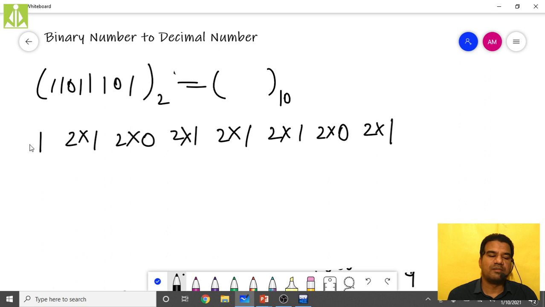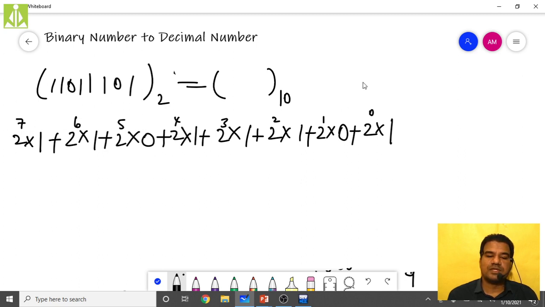Likewise, you write for all digits, multiplied with 2. Now add plus, plus, plus, plus, plus, one more. Then add the powers: here 0, here 1, here 2, here 3, here 4, here 5, here 6, here 7.